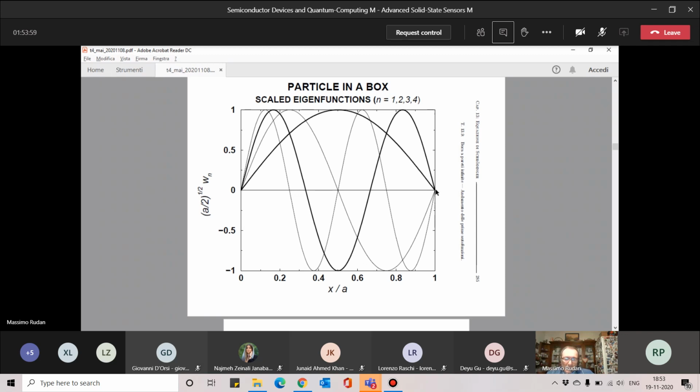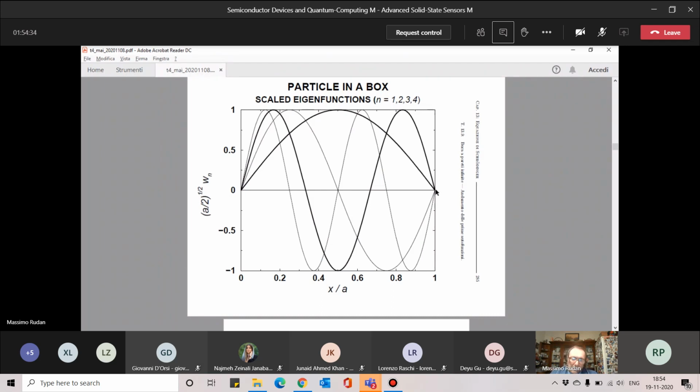How do we interpret the solution that we have just found? Well, the interpretation is easy. Since the wave function is identically 0 outside the box, the probability to find the particle outside the box is 0. So the particle can never be found outside the box, only inside the box, in which the probability to find it is non-zero.